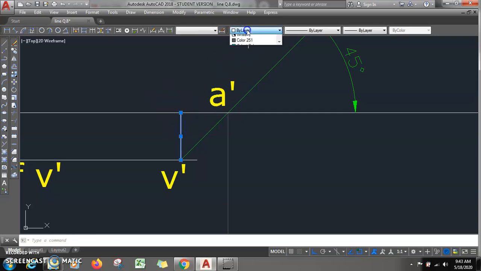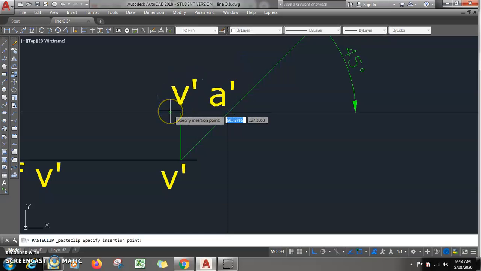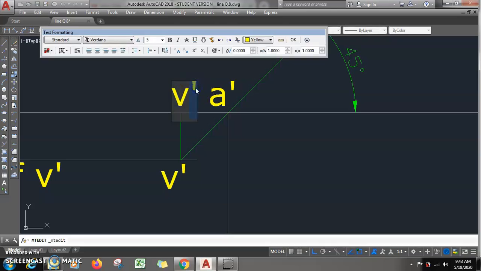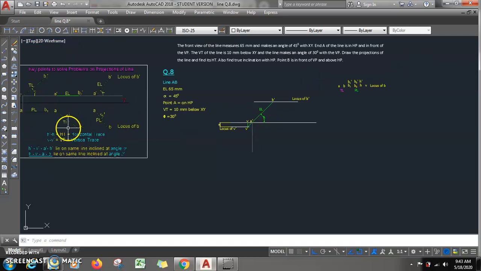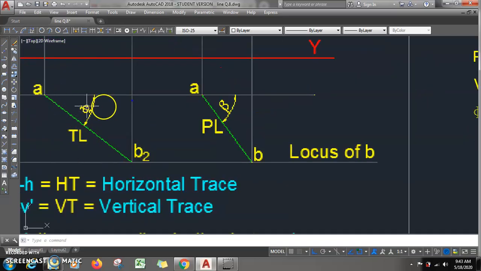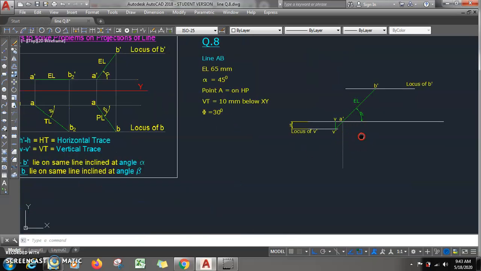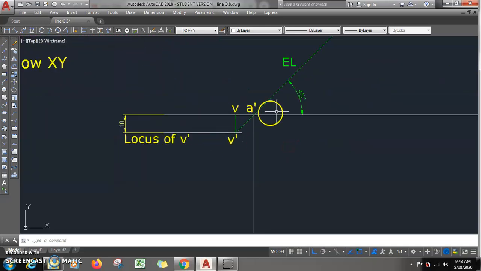I'll show it by this color. This is nothing but point V. Now you can see we have utilized everything except this phi. Phi is the angle of the true length in the top view. But to utilize this, point A has to be there, which is not here. So we cannot proceed unless we have point small a.